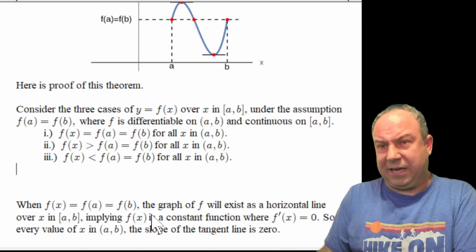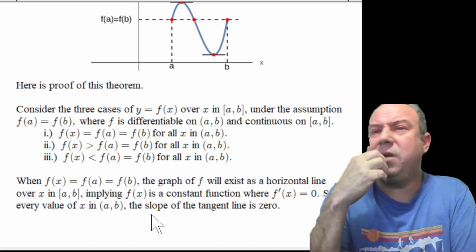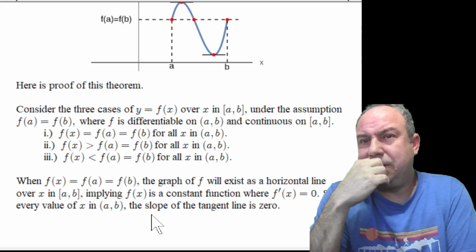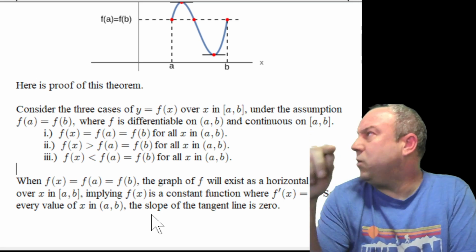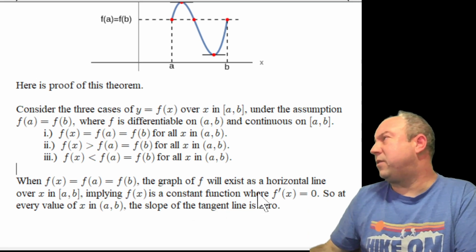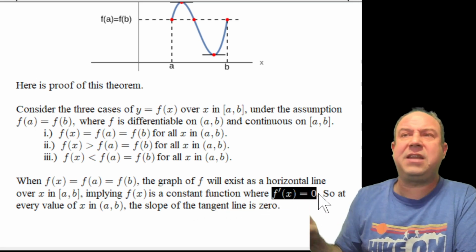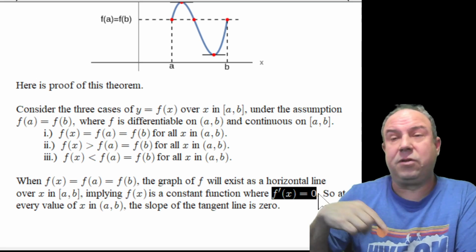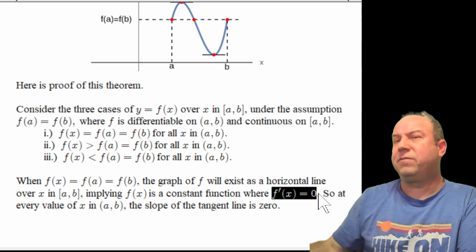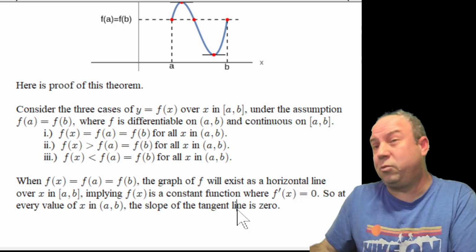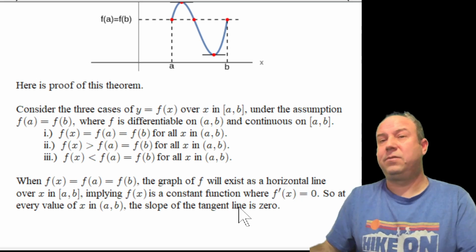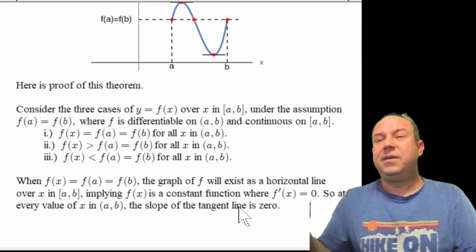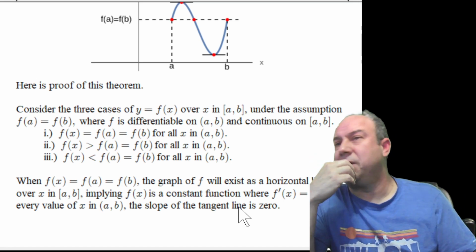In the first case, as we had noted, the graph would have to exist as a horizontal line, implying that you would have a constant function. And what we know about the derivative of a constant function is that it always equals 0. So at every value of x in that interval, the slope of the line tangent to what would just be the horizontal line is equivalent to the value of 0.